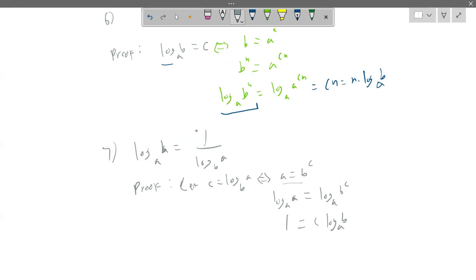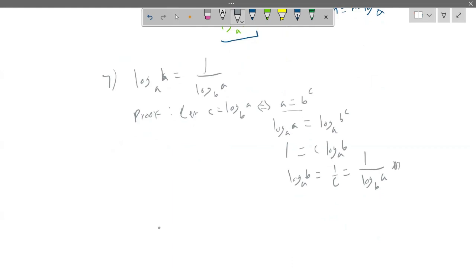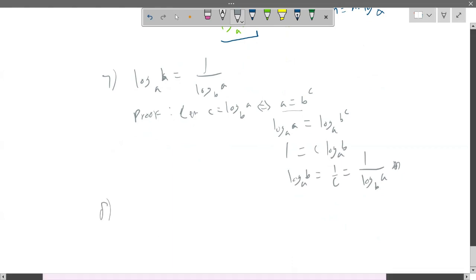And we want to find logarithm of b base a here. And this is equal to 1 over c. And c itself is 1 over log of a base b. And hence it's proven.